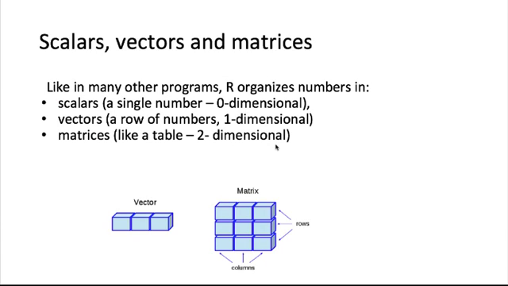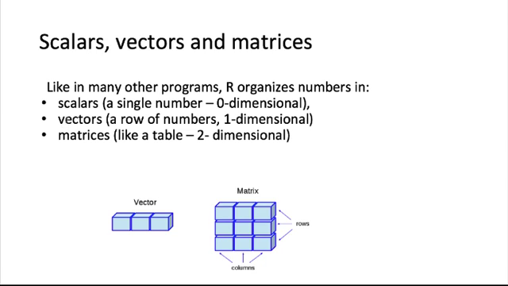So let's move on and talk about the different data types that we have in R. And this is basically a discussion of how we might organize numbers, how we might organize values in R. One way, the way we've been dealing with it so far, is assigning values to scalars, and we'll talk about what scalars are shortly.